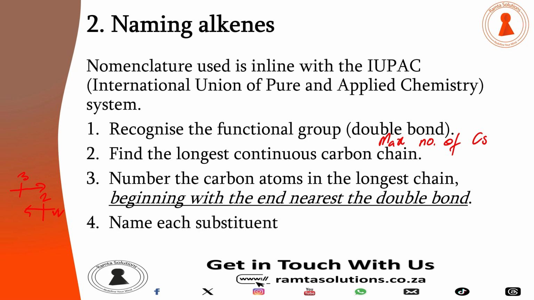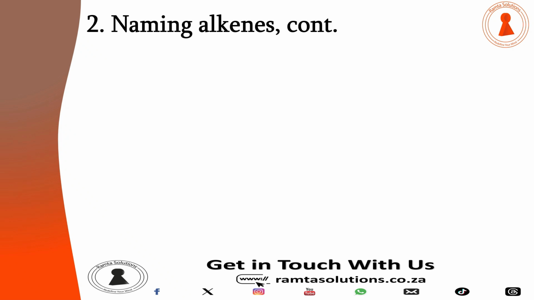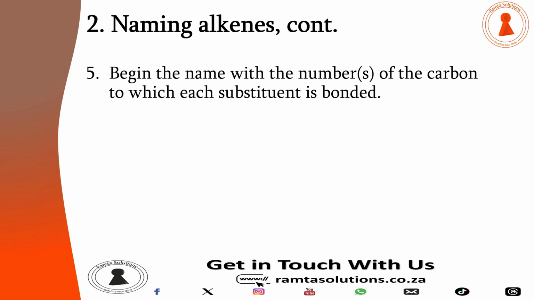Then you will name its substituents. It's important to know your substituents. Your substituents, you remember them. In place of hydrogen, it is those groups, okay, or ions. Then, how you name your organic molecules, you're going to, one, begin with the number of the carbon where the substituent is.